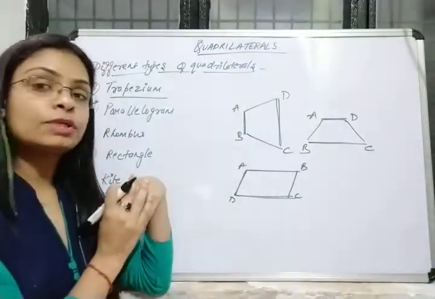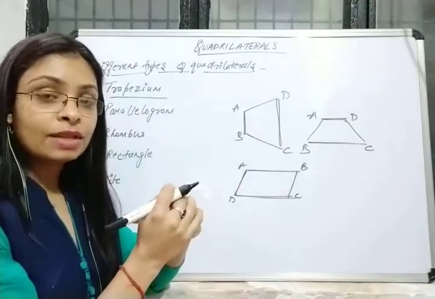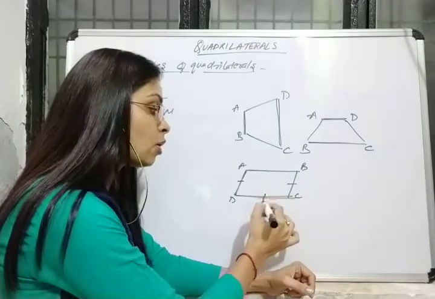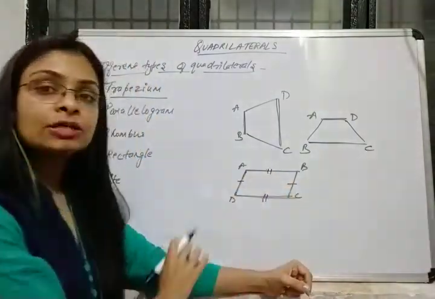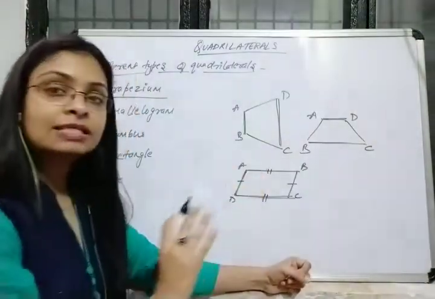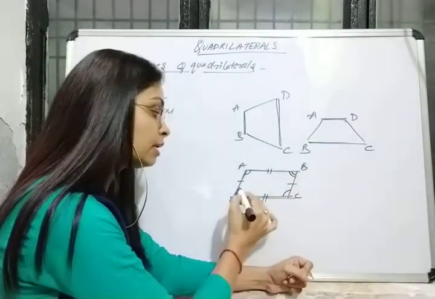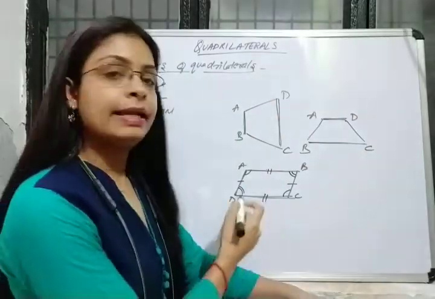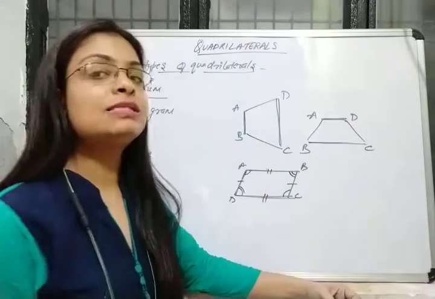Now there are some properties of a parallelogram. In a parallelogram both pairs of opposite sides are parallel, and both pairs of opposite sides are also equal. That is, AB is equal to CD and AD is equal to BC. Opposite angles are also equal.